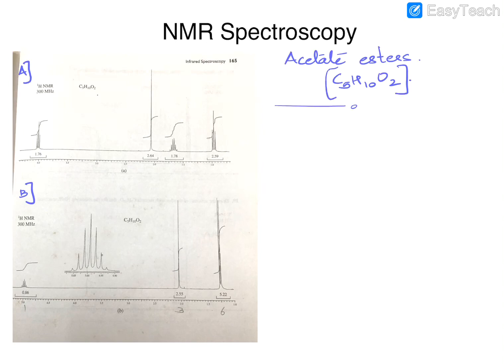Okay, let's start by doing the simple peak integration so that we are able to identify how many protons result in individual peaks in that particular spectrum. So if, say for example, we are looking at spectrum A, and after peak integration you see these values written right below the peak. Okay, so you have 1.76, 2.64, 1.78, 2.59.